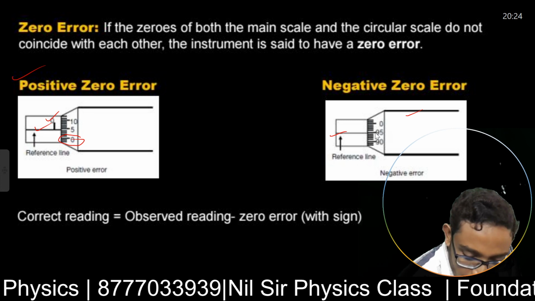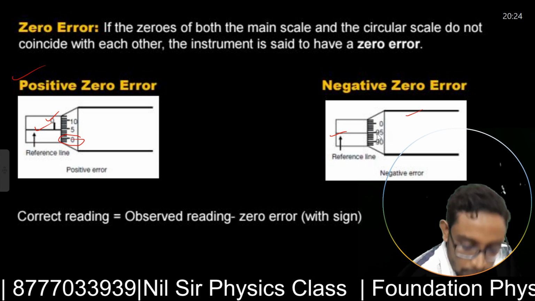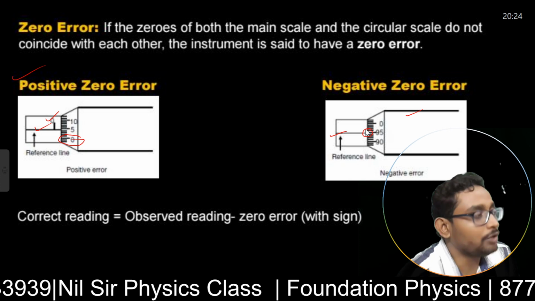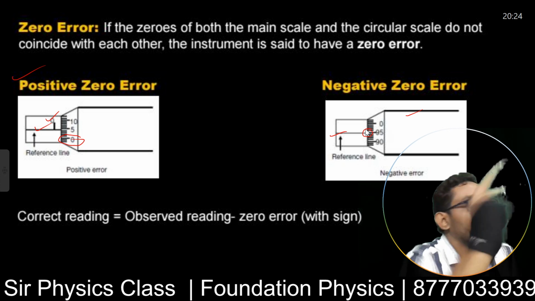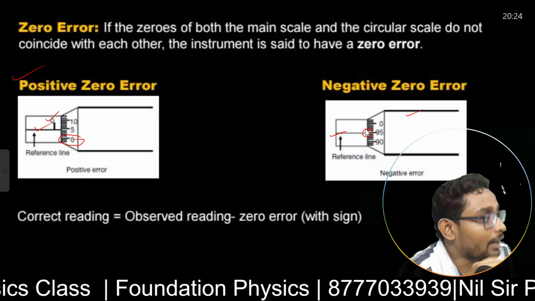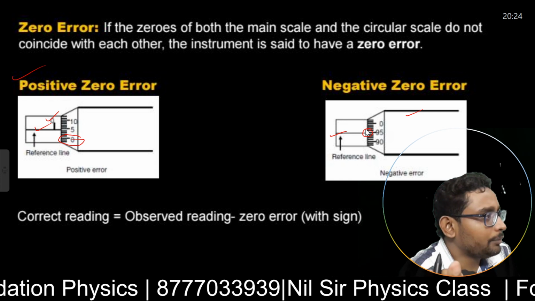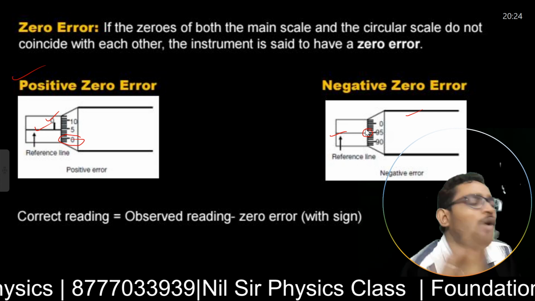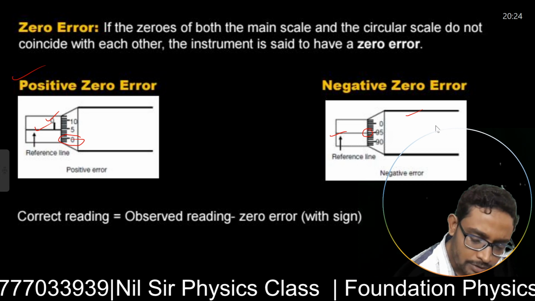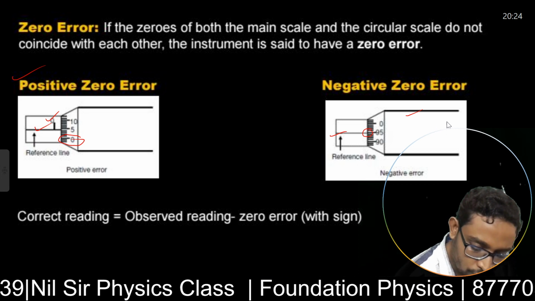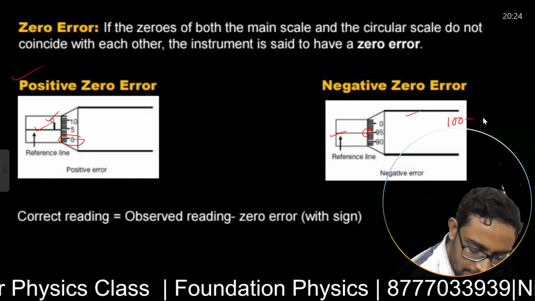If this line is the axis or central line, the zero will be above it. You can say 95 is coinciding with your axis, and above 95 it is 5. So the circular scale division will be 5, or you can write 100 minus 5.